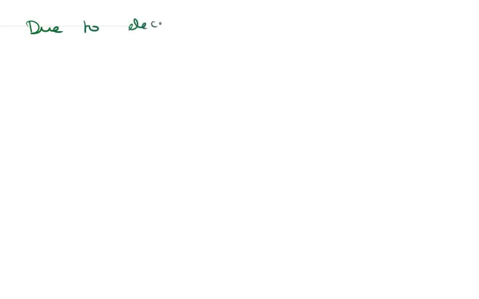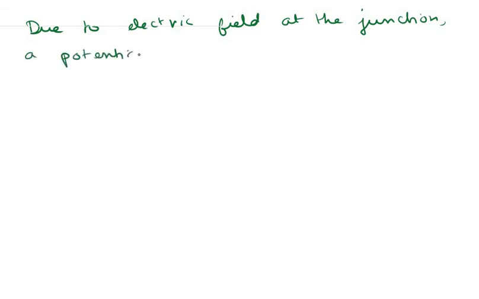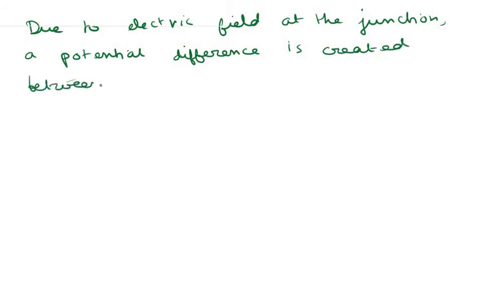Due to the electric field at the junction, a potential difference is created between the P side and the N side.